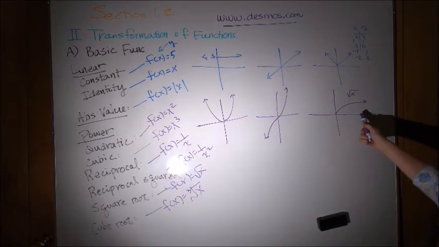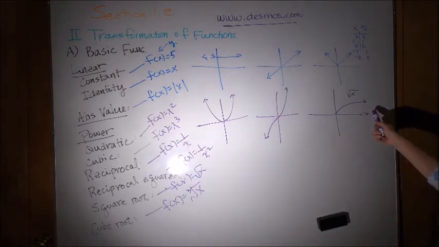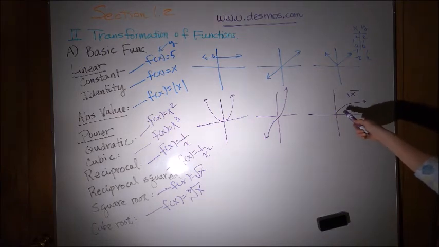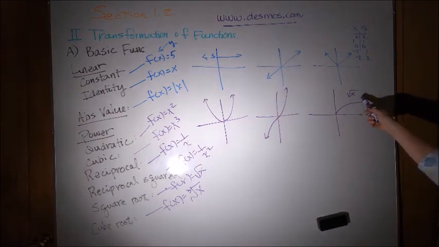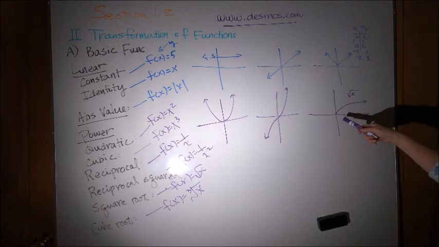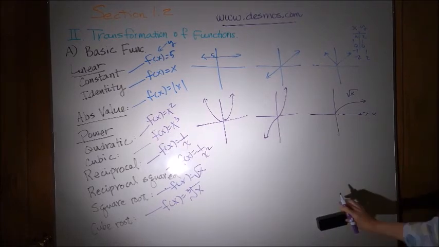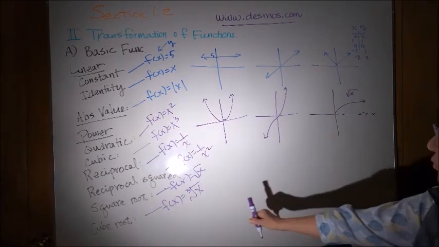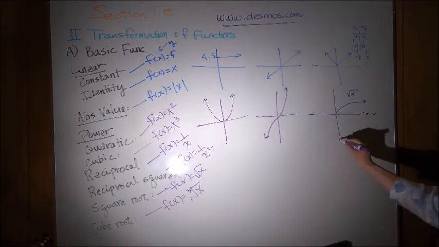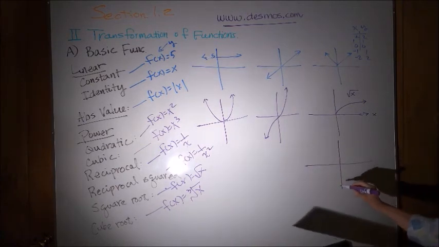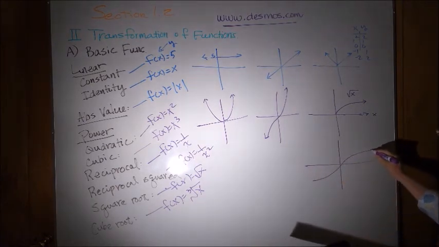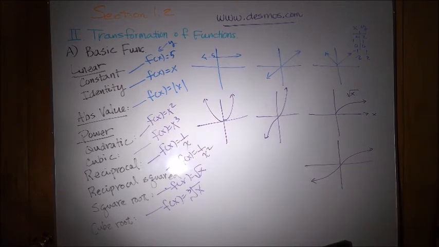Profit is according to the time, so profit is a function of the time. If the graph looks this way, it means it will level out at some point in time. And for the cube root of x, the graph will look like this. So this just gives you a basic idea of how they look.